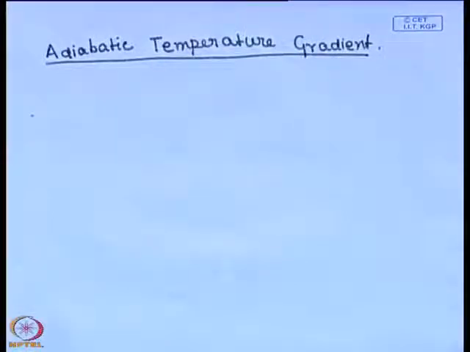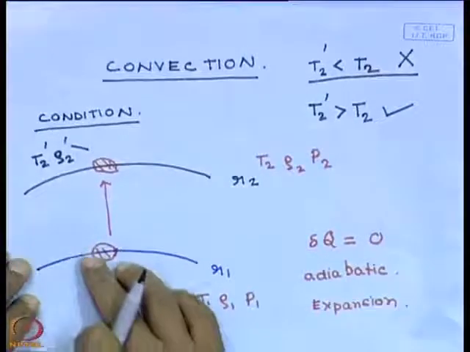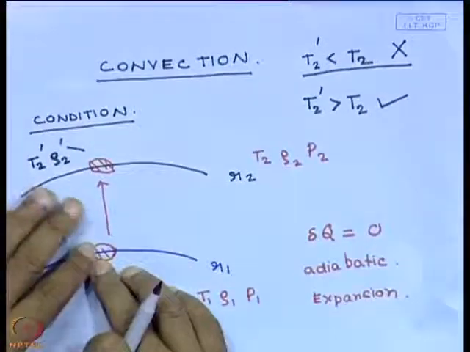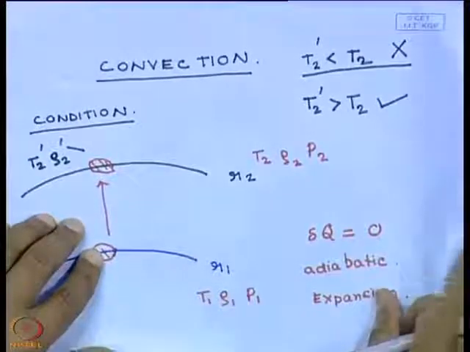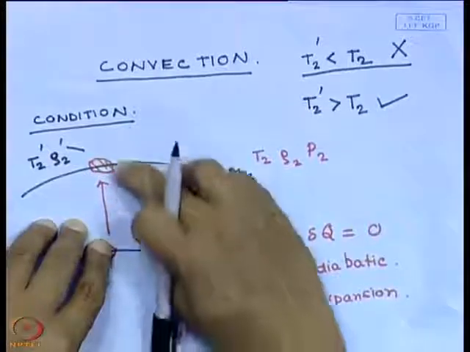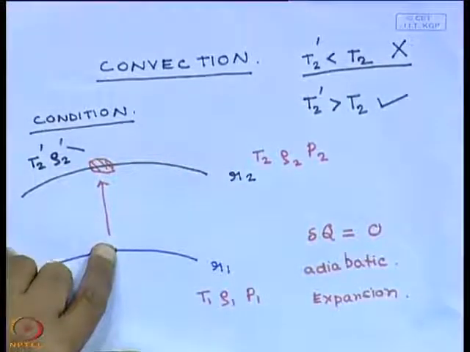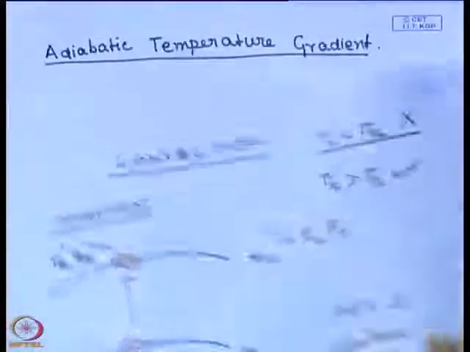So, let us again consider this. This is the bubble that we are dealing with, and we would like to calculate what happens to the temperature of this bubble if we move this up some distance delta r. Right, that is the question that we are looking at.